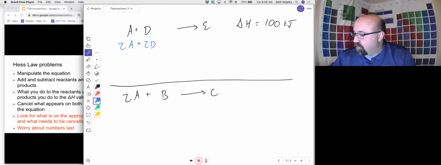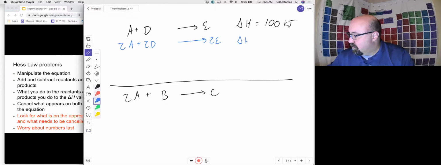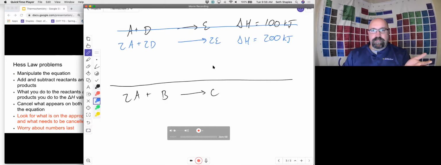2A plus 2D gives us 2E. And so we're then going to double our delta H value there.